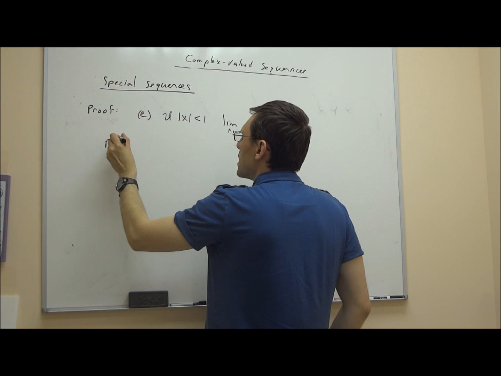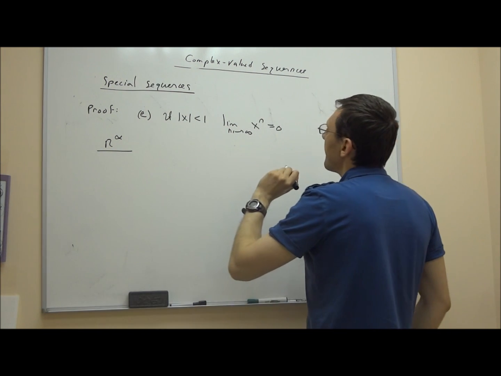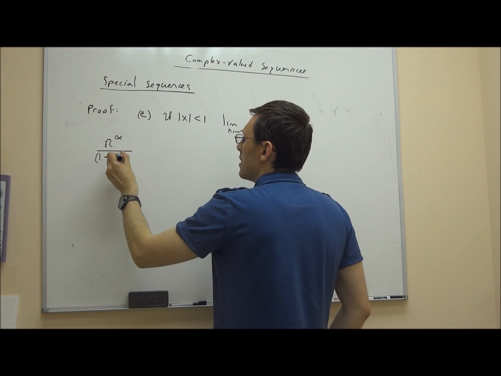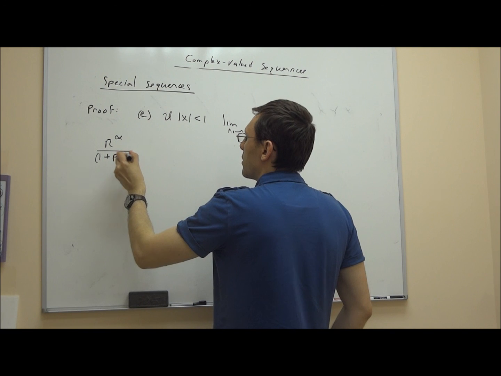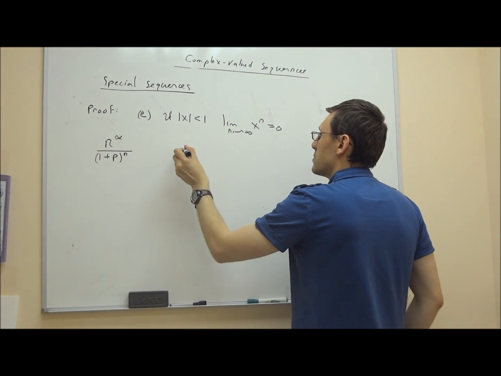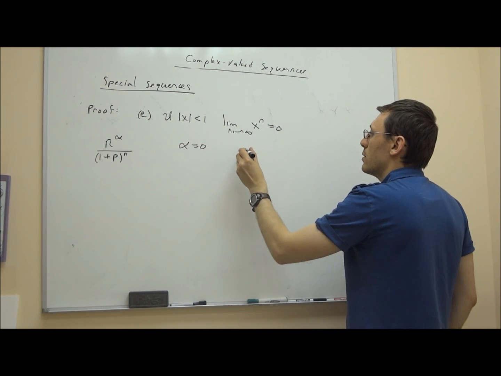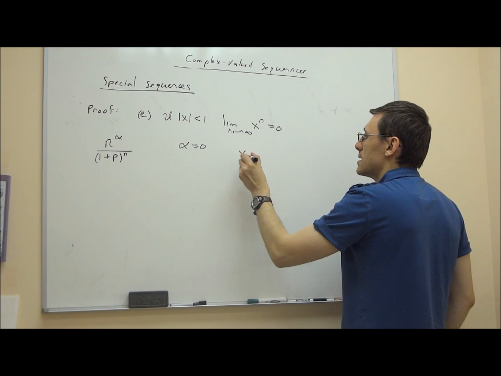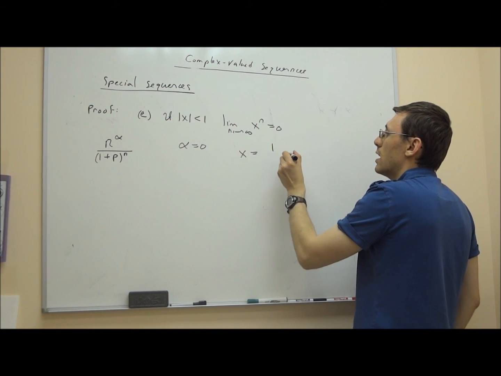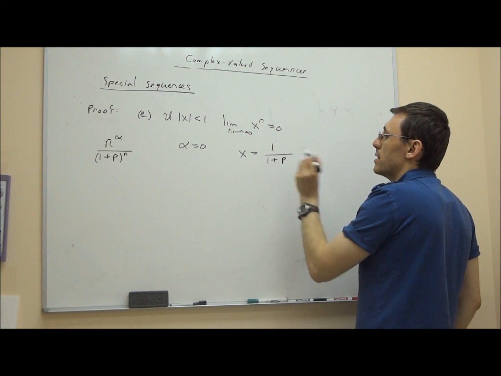this can be written as n to the alpha divided by 1 plus p to the power of n. So what I mean by that is, first we're going to set alpha equal to 0, and we're going to now write x. x is a number smaller than 1, so x can be written as 1 over 1 plus p.